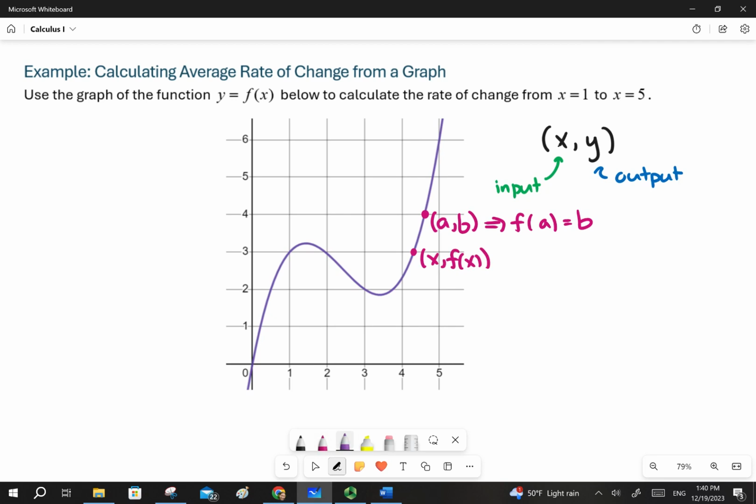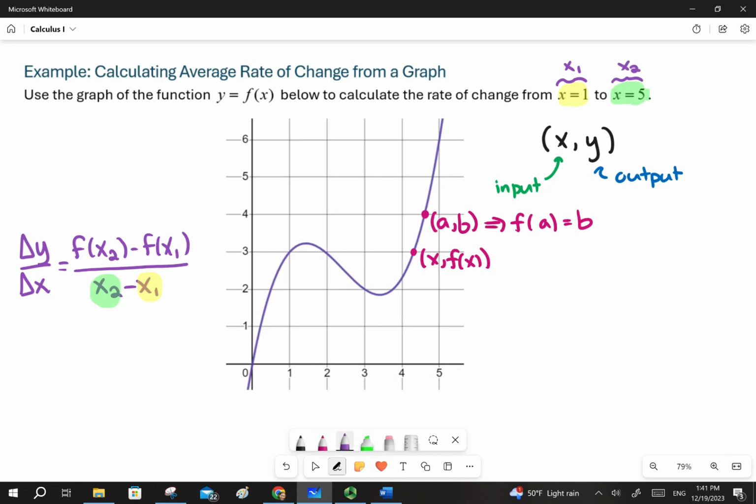This means to calculate the rate of change from x equals 1 to x equals 5, we can use the formula delta y over delta x equals f of x2 minus f of x1 over x2 minus x1 and plug in x1 equals 1 and x2 equals 5. Then use the corresponding points from the graph to find the values of f of x1 and f of x2.